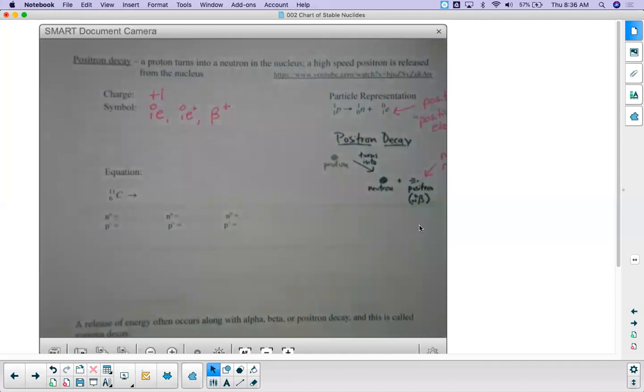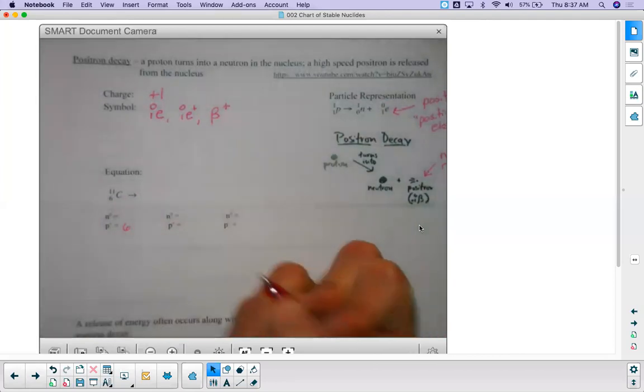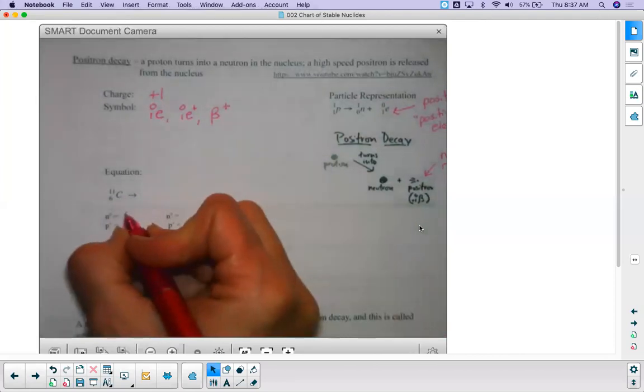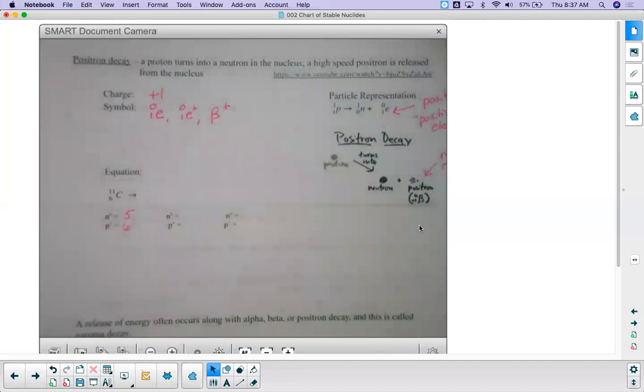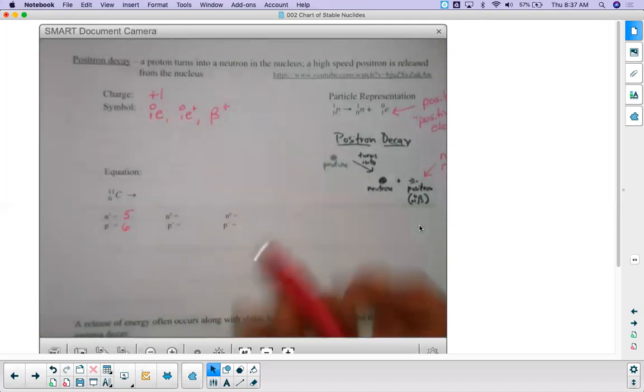For this one example, we're going to use a different isotope of carbon. We're going to use carbon 11. It's carbon, so it has 6 protons. 11 minus 6 is 5 neutrons. And in this case, a proton turns into a neutron.